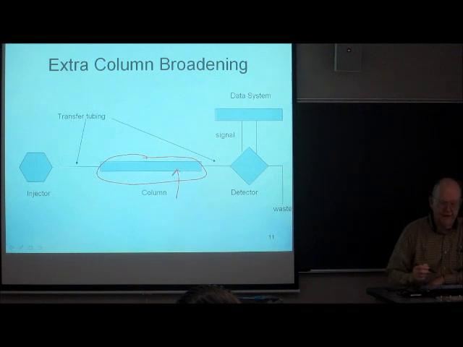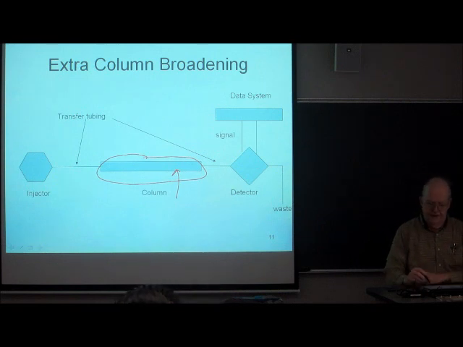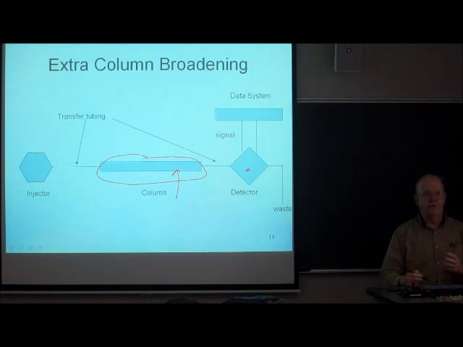This is where the separation takes place. If over here at the injector you inject too large of a volume, that can screw up your separation. If your detector has a time constant that's too long, or if the volume of the detector is too big, that can screw up your resolution.